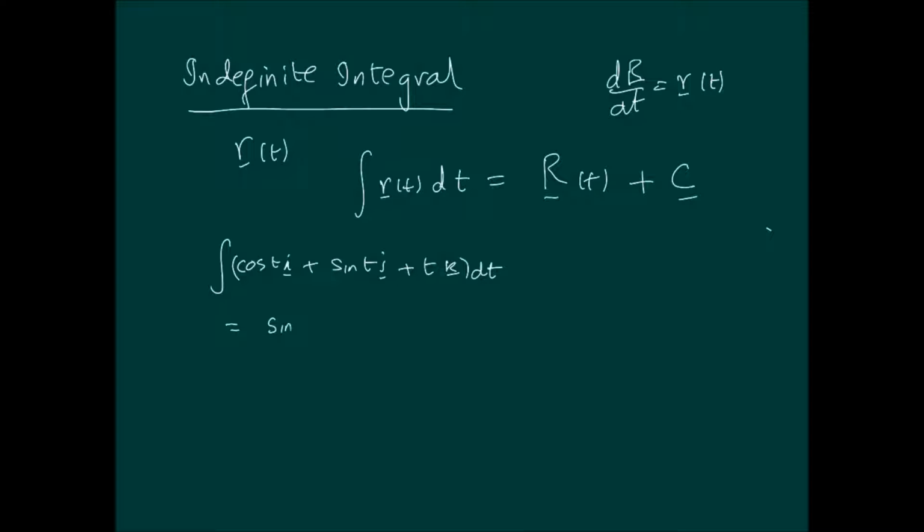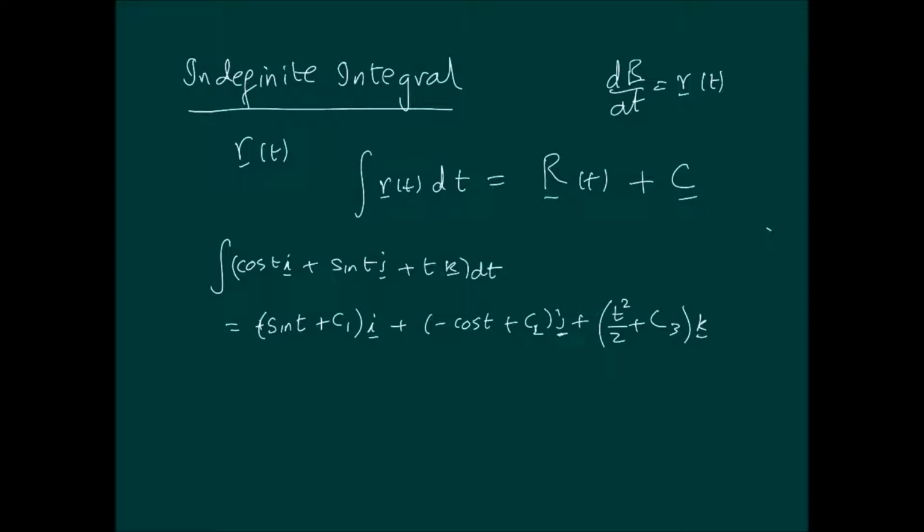It's equal to sine t plus, let's say, c1, all of this multiplied by i, plus negative cos t, this is the integral of sine t, plus we'll call it c2, multiplied by j, and plus t squared over 2 plus c3, multiplied by k.